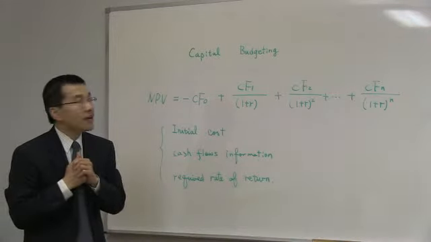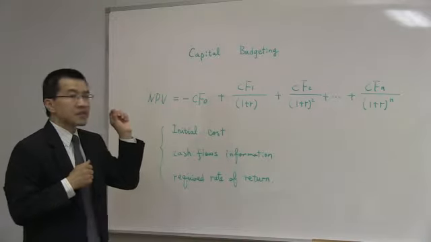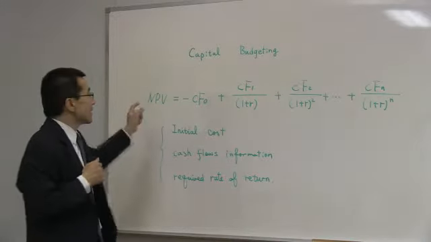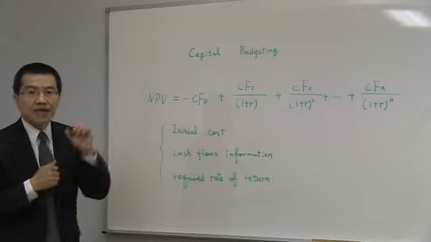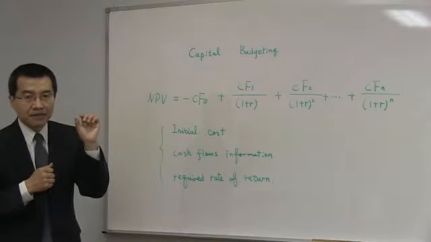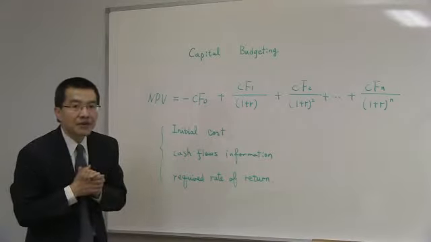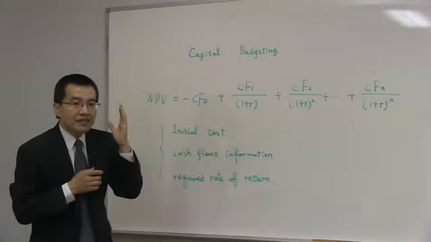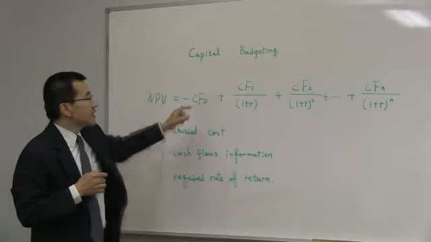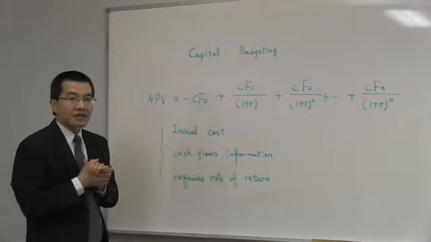The most commonly used capital budgeting method is the NPV, net present value. The net present value calculates the present value of the future cash flows. Suppose we have a new project.